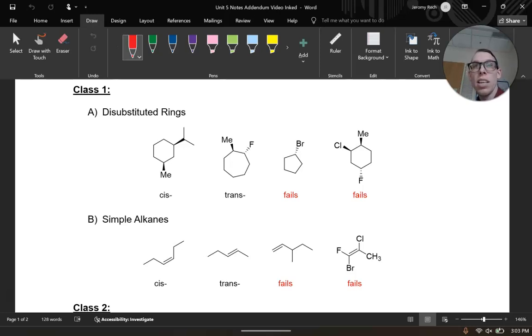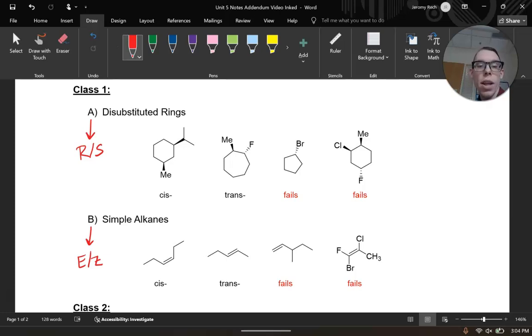Differentiating between those is not possible. For all of these, you can actually use your additional classes. So for all of your class 1A, we can also use R and S, which is going to be our class 2. And then for our simple alkenes, we can also use E and Z. That's going to be our class 3 that we're going to talk about.